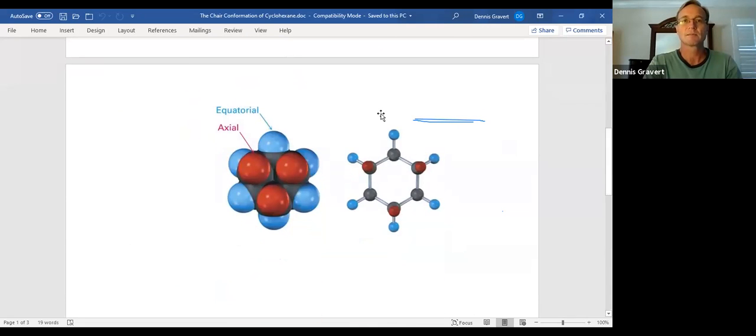I like this because this is a space filling model on the left, and a normal ball and stick model on the right. Okay, we're more familiar with the ball and stick model just because it's easier to write in the H's here and the C's here, and it's nicely spaced out so you can clearly see the bonds.